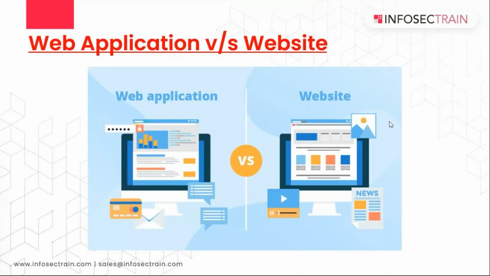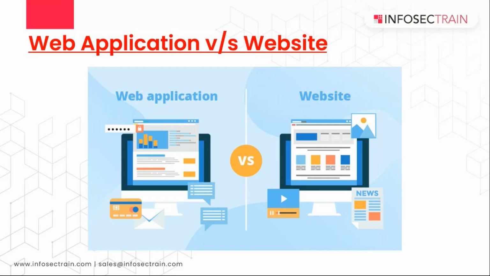Now, there are two things: web application and website. What is the difference between them? A website has static pages, while a web application is dynamic. What does that mean? If I say a page is dynamic, it means things will keep on changing.